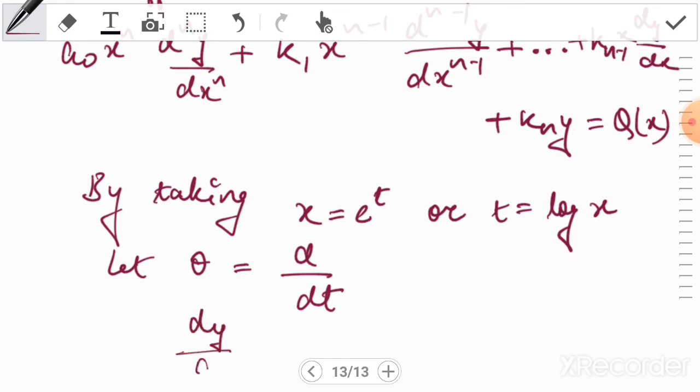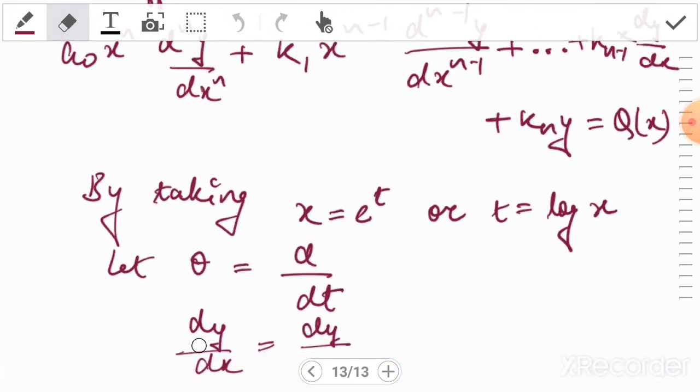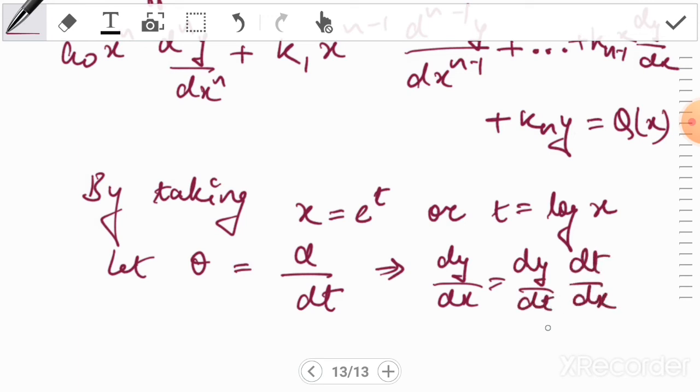Then dy by dx will be equal to dy by dt times dt by dx, which is equal to 1 by x dy by dt, because dt by dx is equal to 1 by x from t is equal to log x.